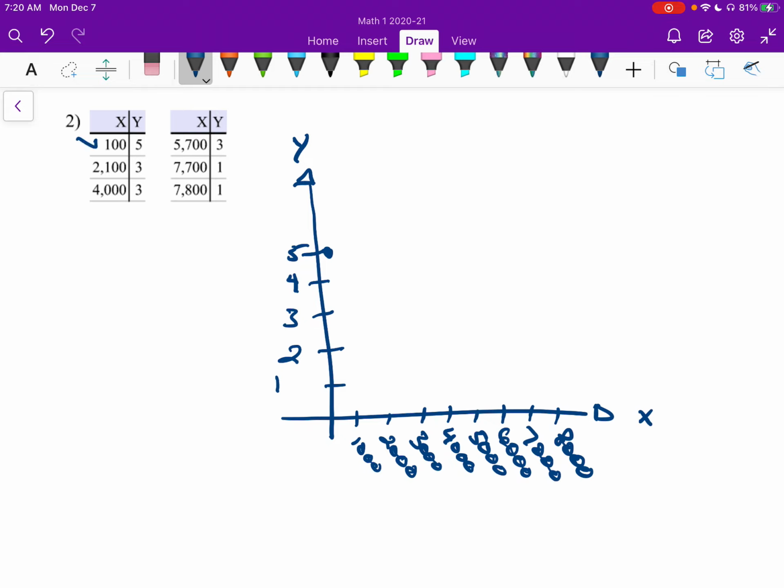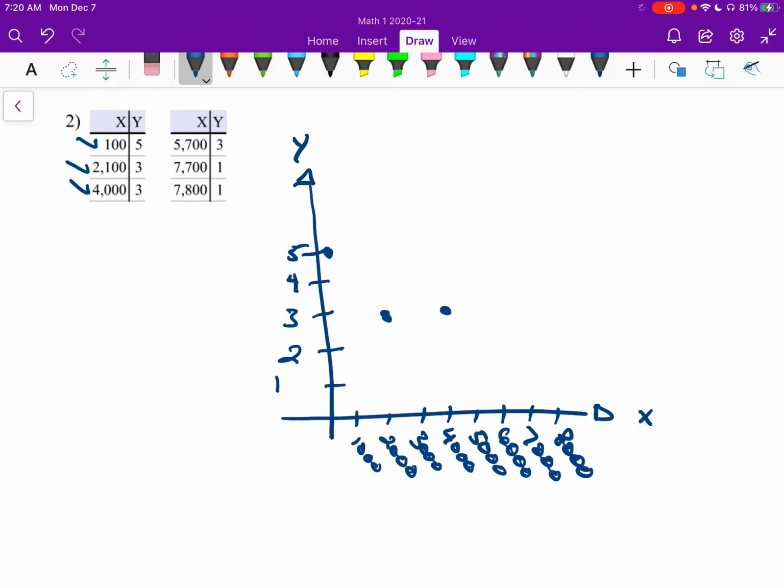2,100 and then 3. So 2,100 is very close to 2,000, and then 3. 4,000 and then 3. Well, that's a nice one. That one falls on my tallies. 5,700, well, that's kind of between 5,000 and 6,000. It'll be a little bit bigger than halfway between.